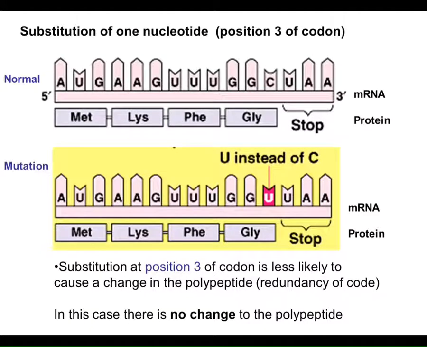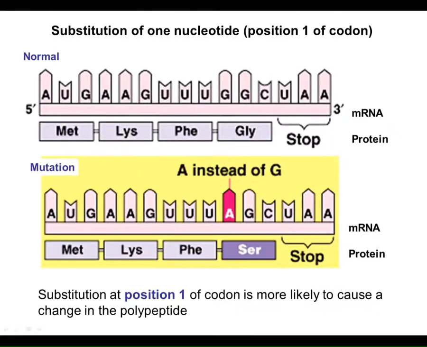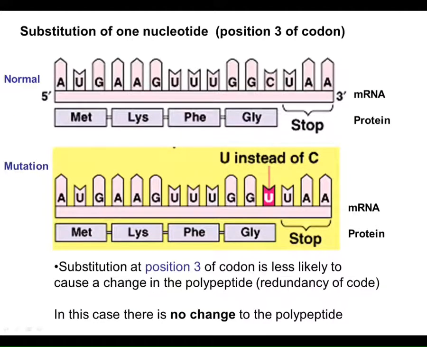And then look at this one. A C is changed to a U. Now let's look at what the cell does with that information. The ribosome reads along and it says GGC, and it looks at the chart and says, oh, that's a glycine.